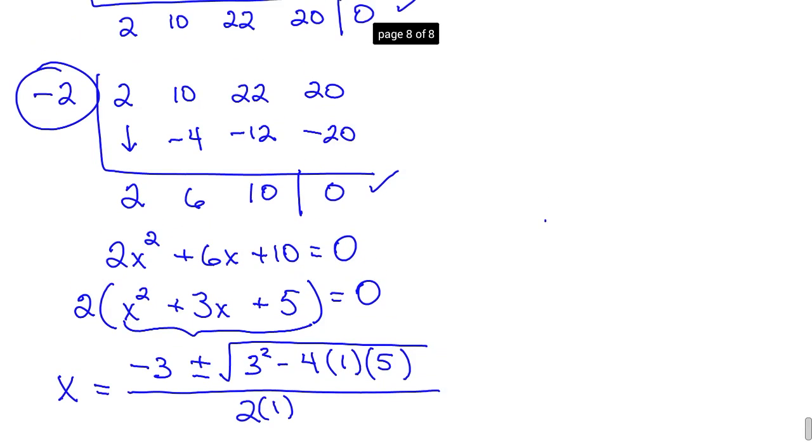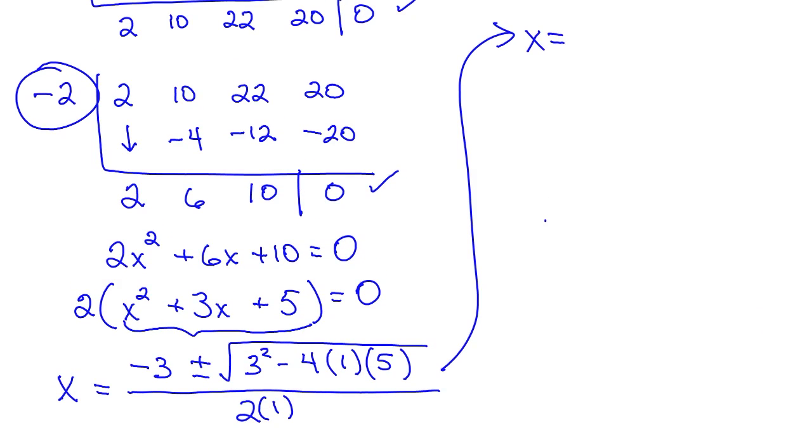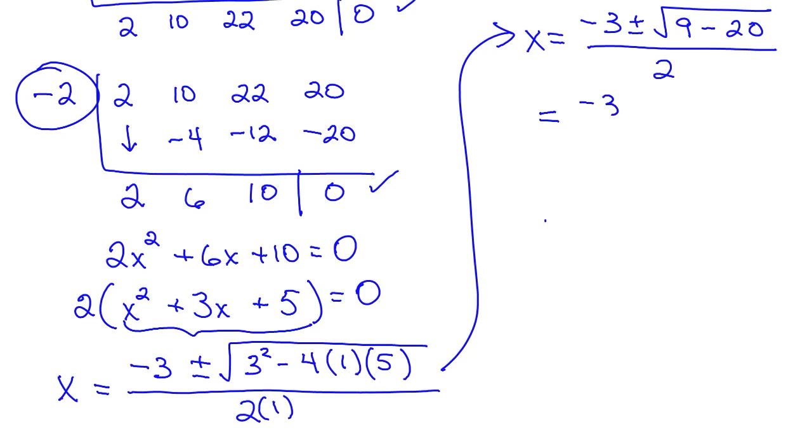And sort of bring that up here and work that out. We still get x is equal to -3 plus or minus the square root of 9 minus 20 divided by 2. That gives me -3 plus or minus the square root of -11 over 2. And recall that if we have a negative under the square root, we can bring that out as an i.